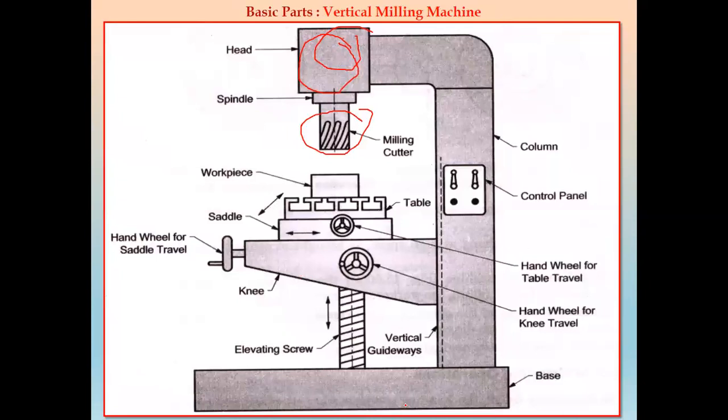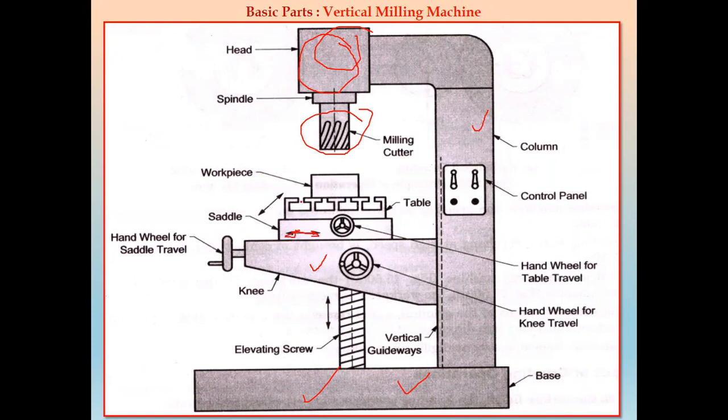That is, we have a base, then a column, then the knee part. The knee can be raised and lowered, it has a movement like this. Then we have a saddle, which can move in the transverse direction, in this direction.